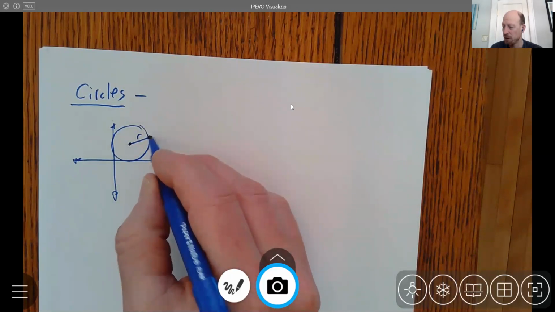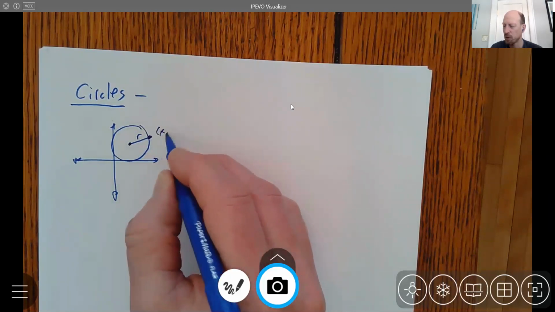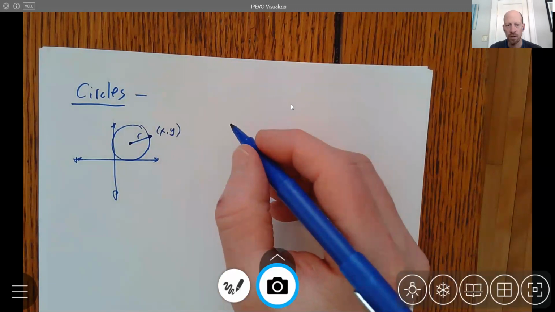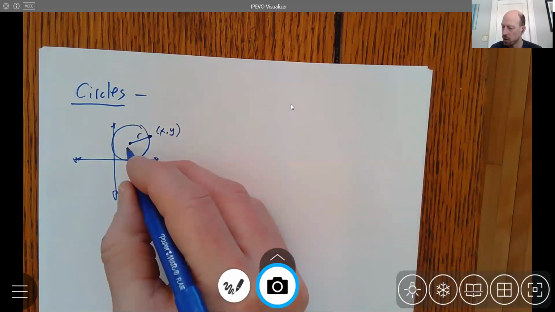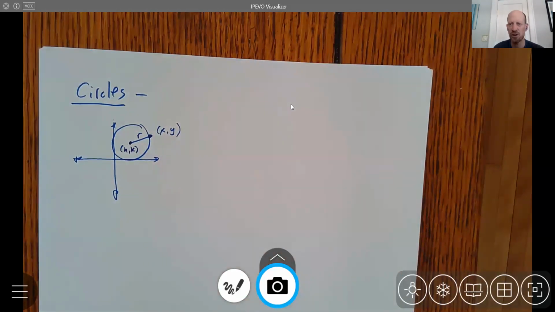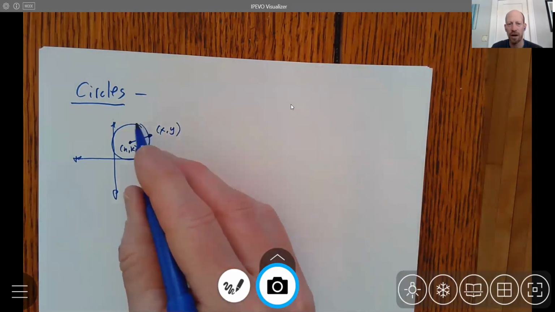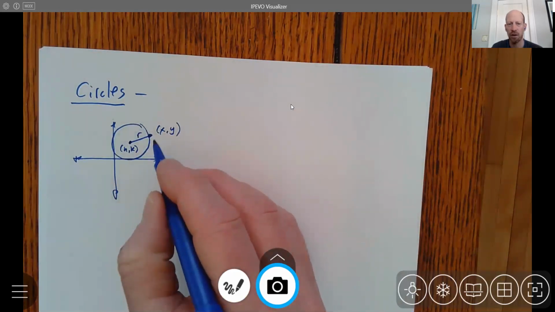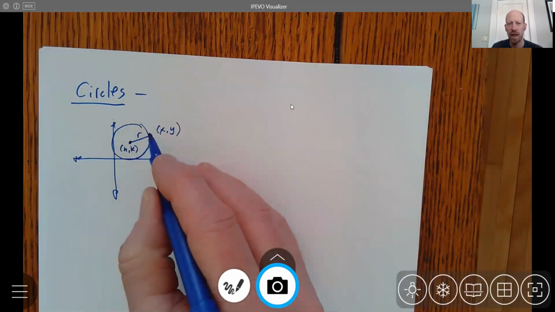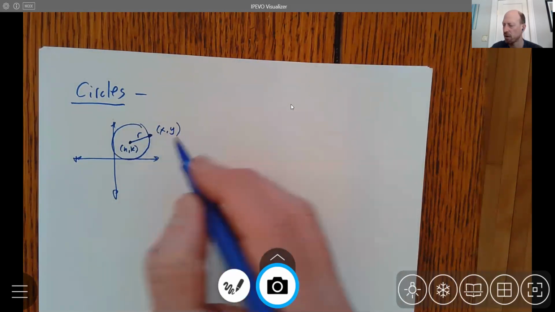And so you may remember that there's a formula for the distance between 2 points. We're going to call the center of the circle (h, k), just arbitrary letters that represent the x and the y coordinate of the center. And then we want all the points (x, y) that create the circle, all the points that are a distance r from the center.